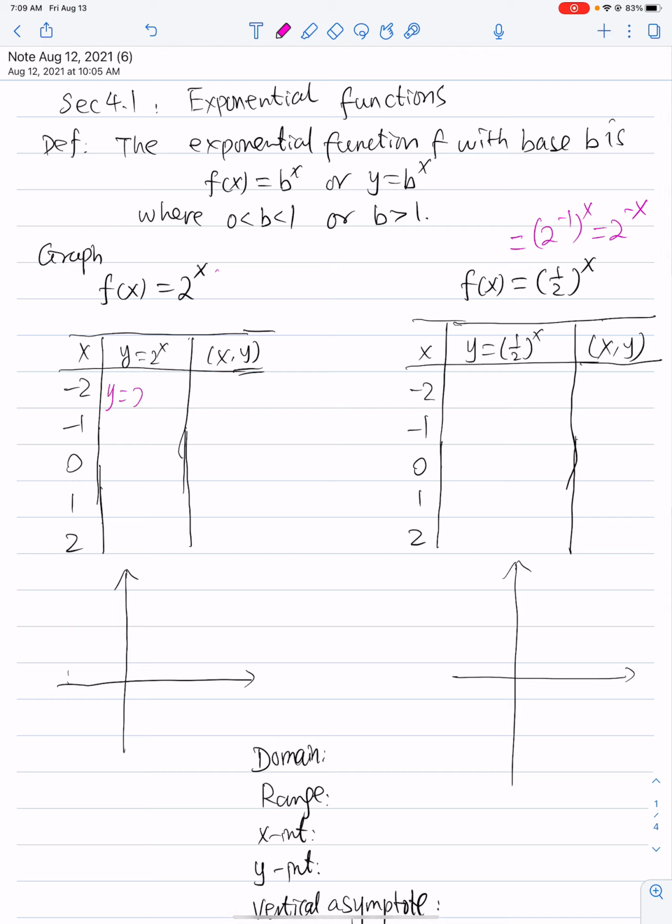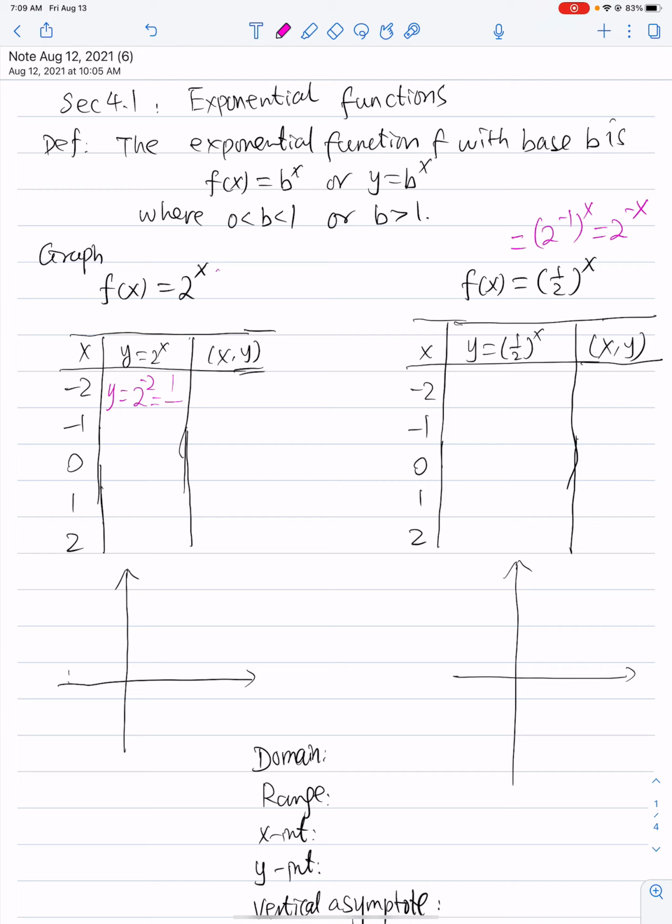So what will be the first one? y equal to 2 to the -2. What does a negative exponent mean? It's 1 over, so it's 1 over 2 squared. What is 2 squared? 4. So the point is -2, 1 over 4.